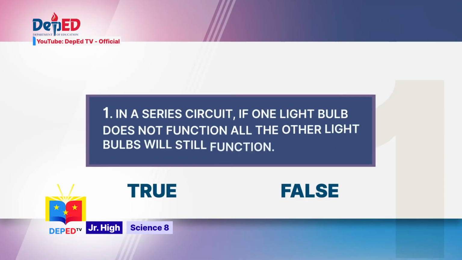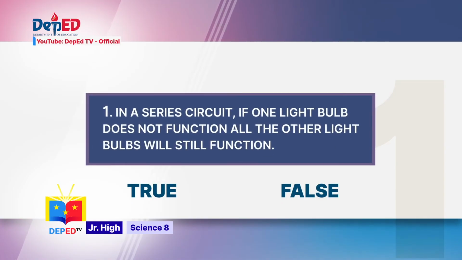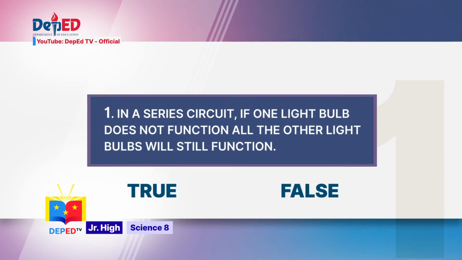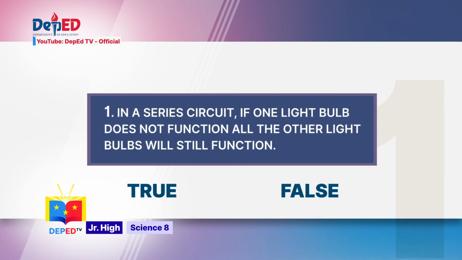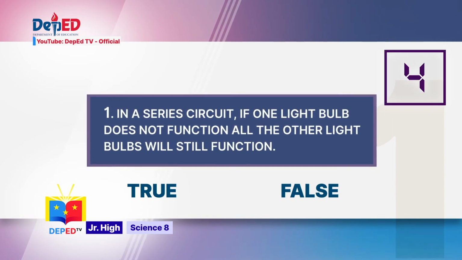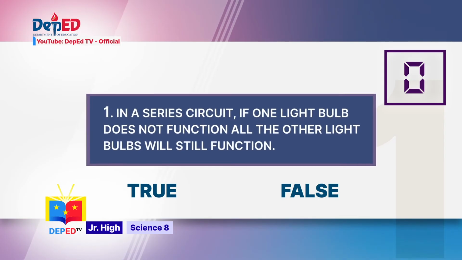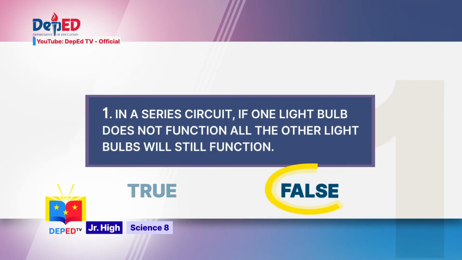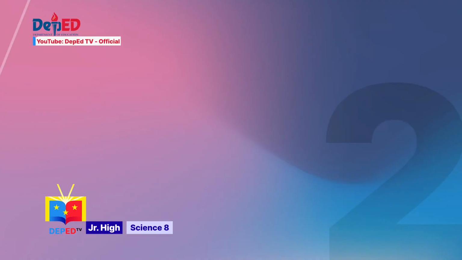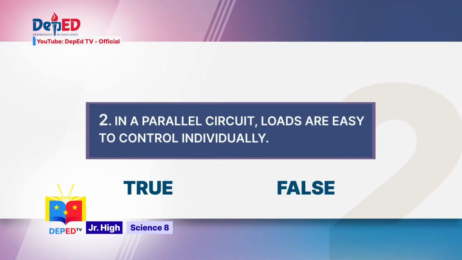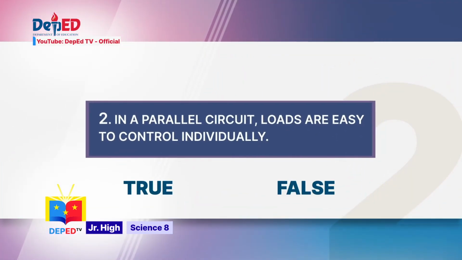In a series circuit, if one light bulb does not function, all the other light bulbs will still function. In a parallel circuit, loads are easy to control individually.